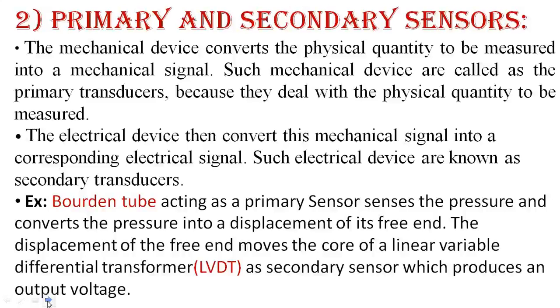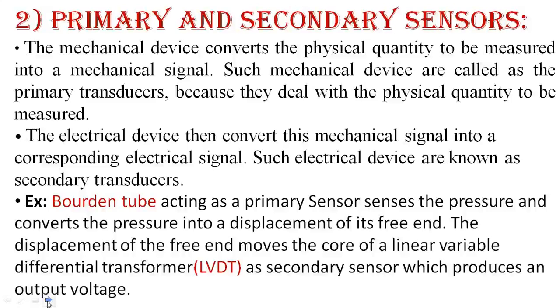So a primary sensor senses whatever physical quantity you have and converts it into a mechanical signal. The second one is an electrical device that converts the mechanical signal into a corresponding electrical signal. Such an electrical device is known as a secondary sensor or secondary transducer.